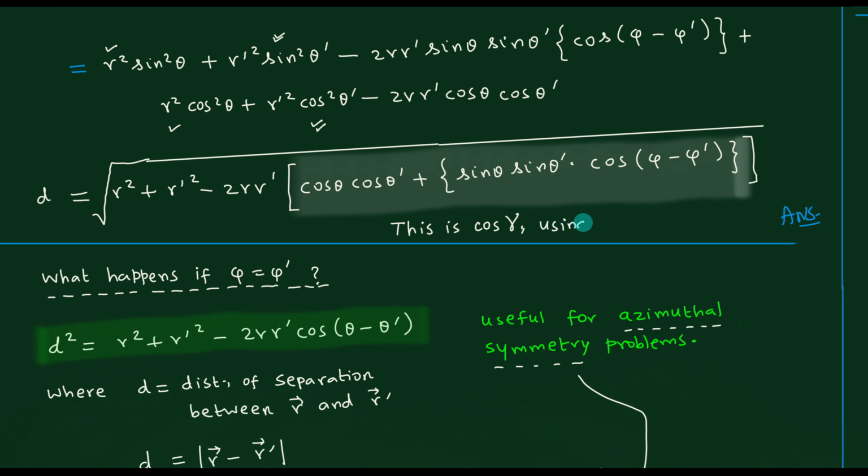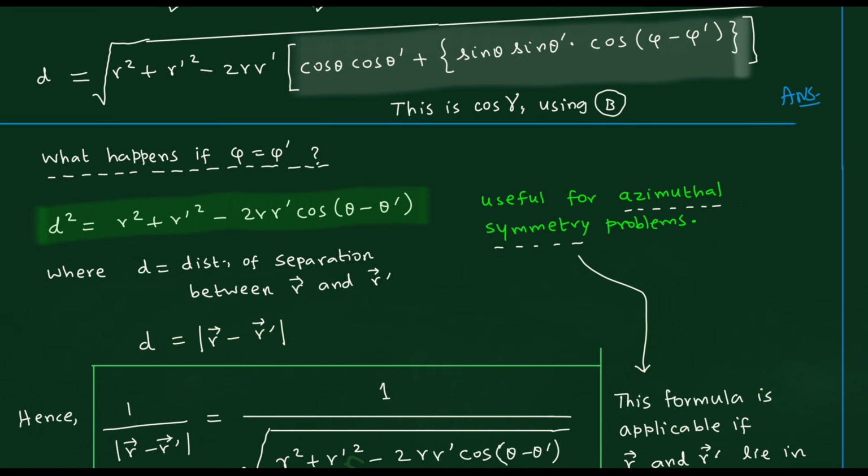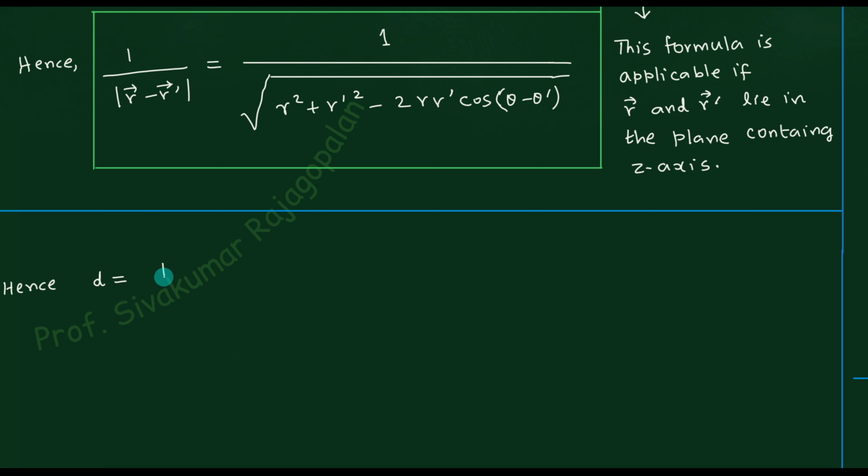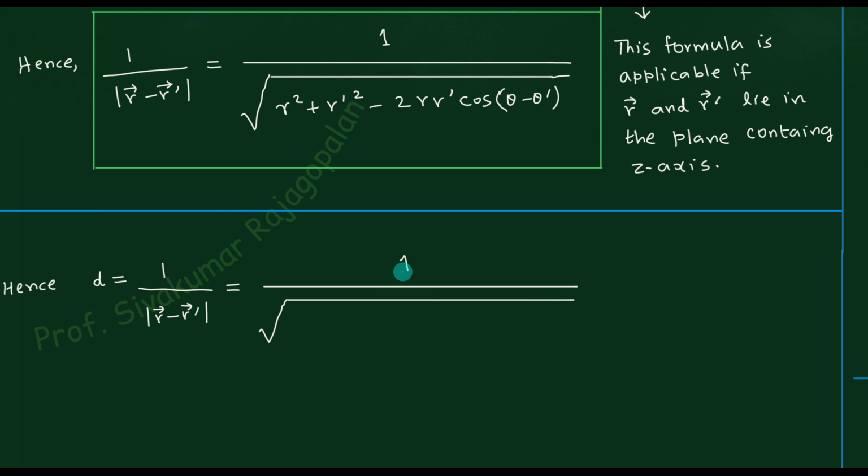And therefore, instead of writing the big expression like that, you can now write cos gamma. So let us rewrite that here. Therefore, we can write down that d inverse, the inverse of the distance, is equal to 1 divided by the square root of r square plus r prime square minus 2 r r prime into cos gamma.